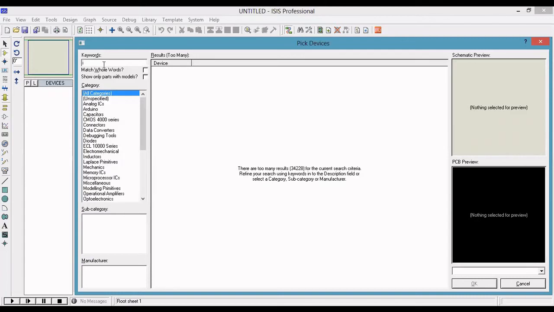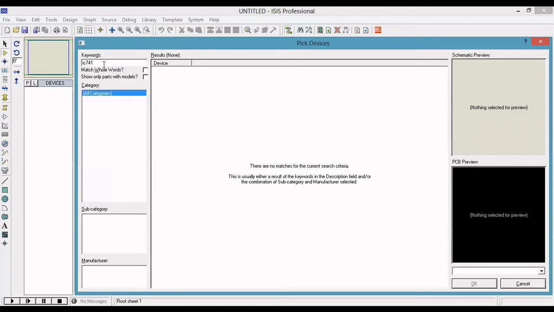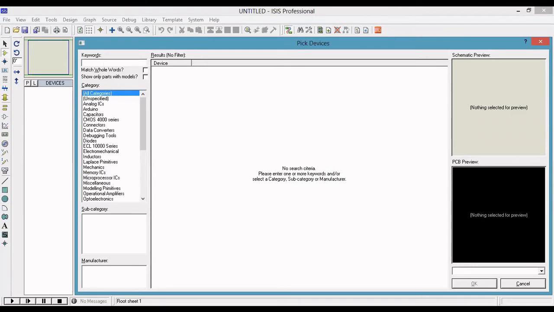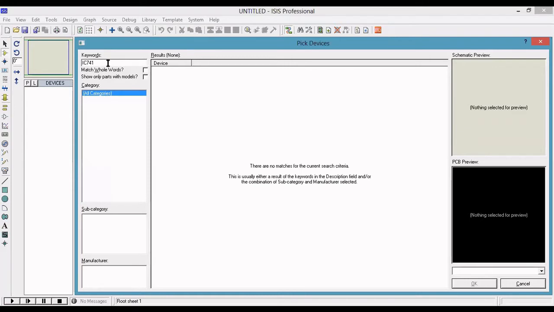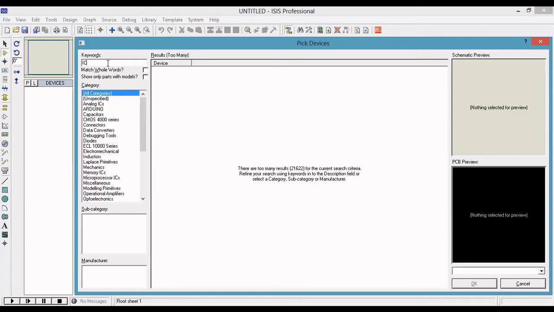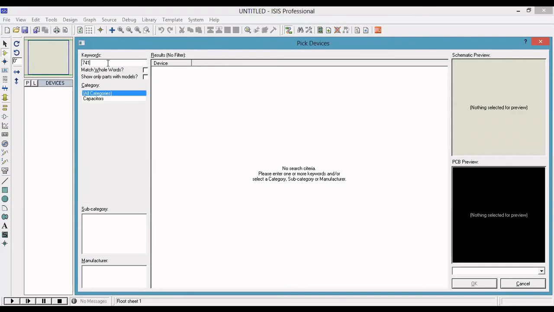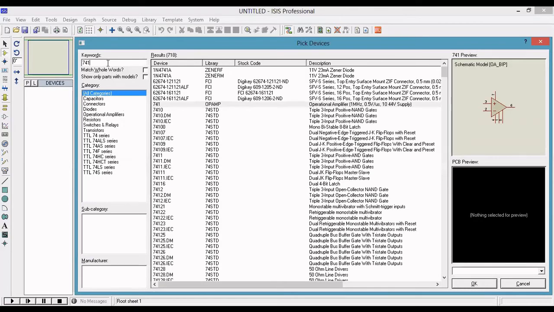Now I am going to type first IC741 amplifier. So this is called the IC741 amplifier.